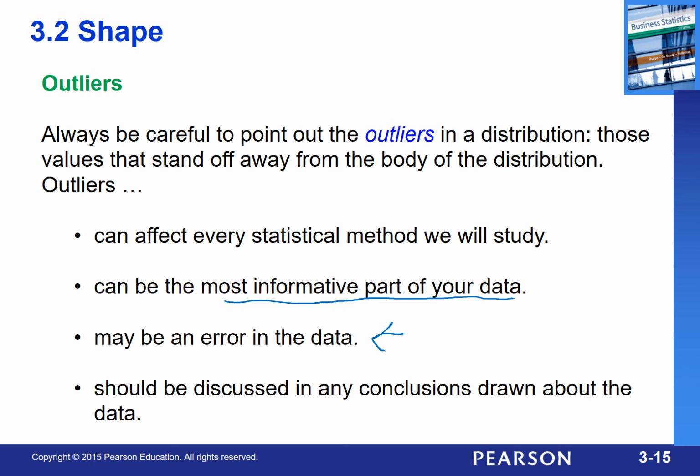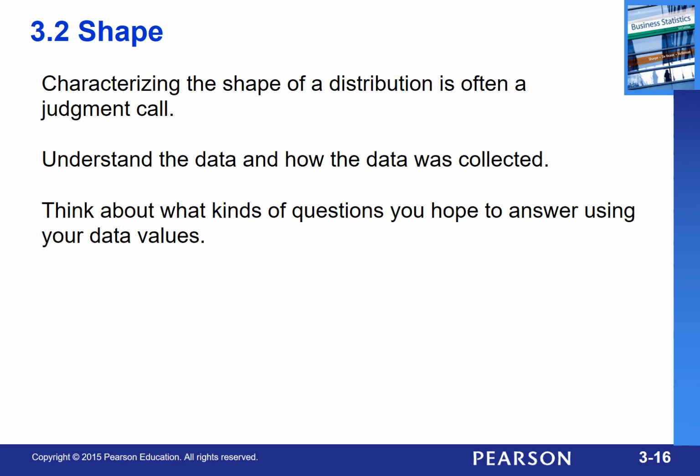That person has this special characteristic of basketball player because of their height or related to their height. Don't think this is causal. And therefore belongs there, but it still looks unusual compared to everybody else. Spotting outliers is difficult, just so you're aware. When we hit chapter 4, you'll notice just how difficult this can be. All right, so usually when we're characterizing shape, it's a judgment call. As long as you justify your reasoning pretty well and it looks right, you should be fine.